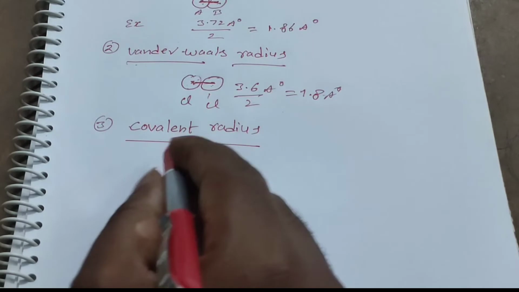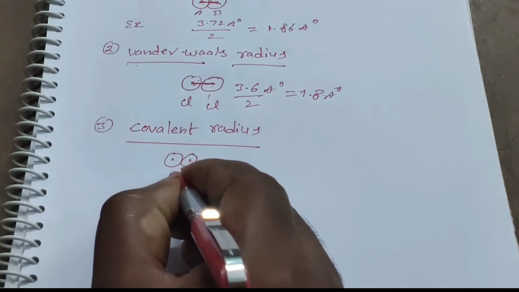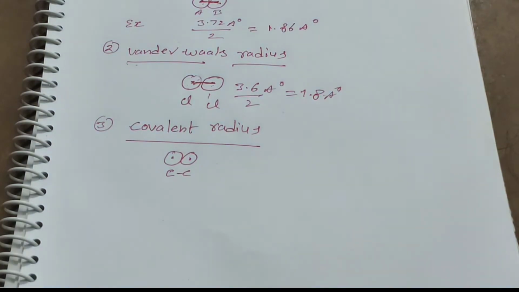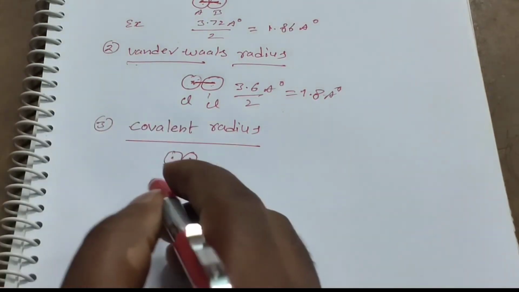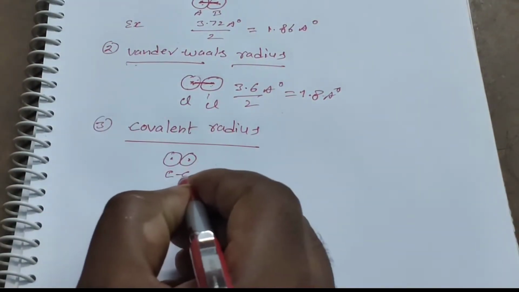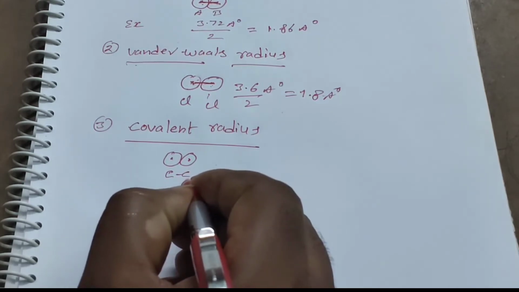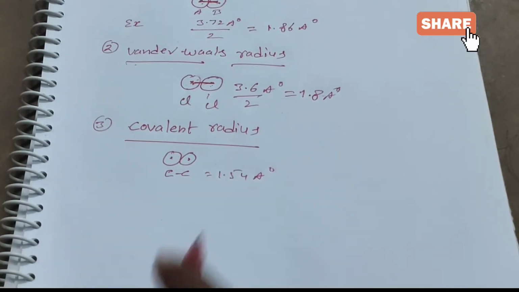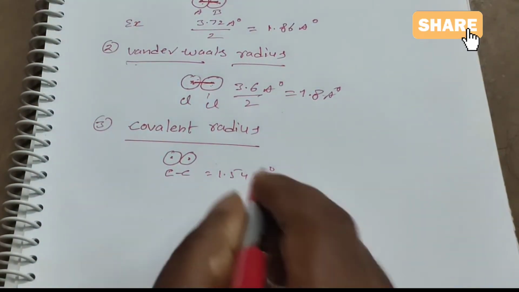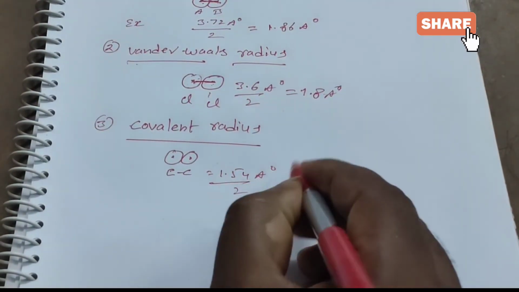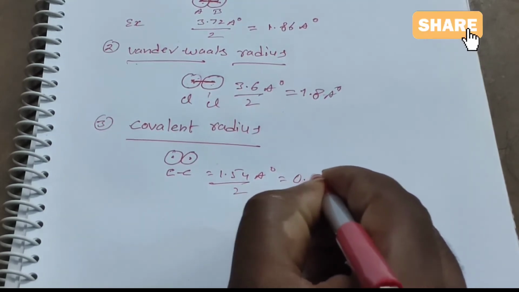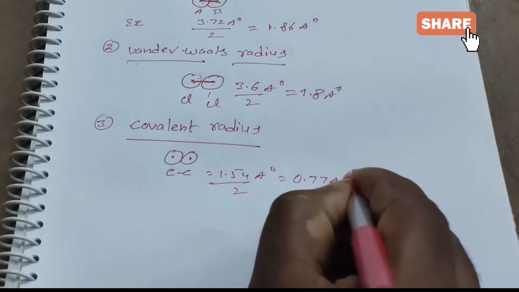For example, here I am taking two carbon atoms in diamond. So what is the covalent radius here? The distance between the two carbon atoms in diamond is 1.54 angstroms. Here also I divide by 2, and the covalent radius of carbon in diamond is 0.77 angstroms.